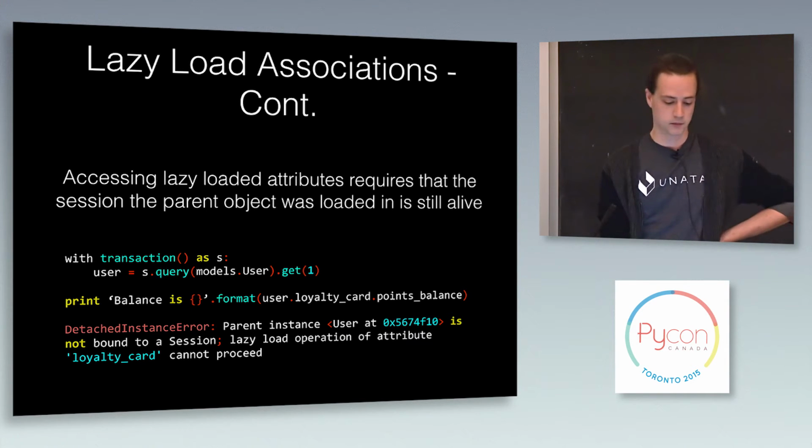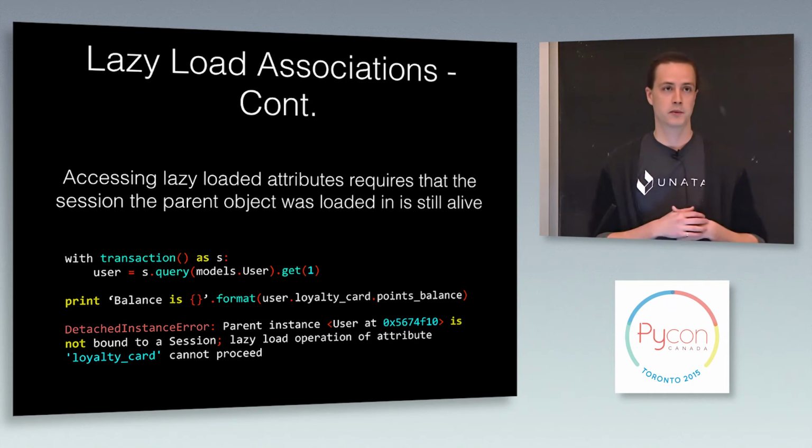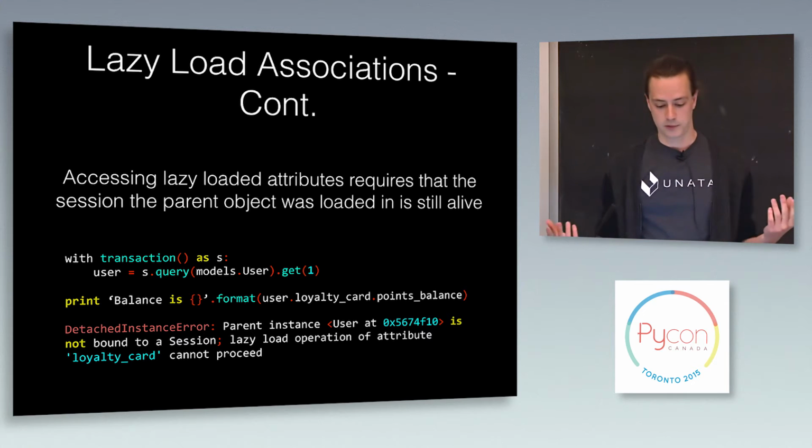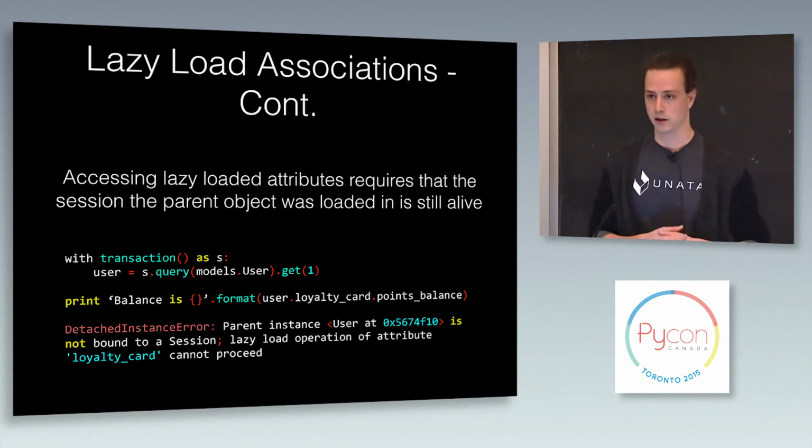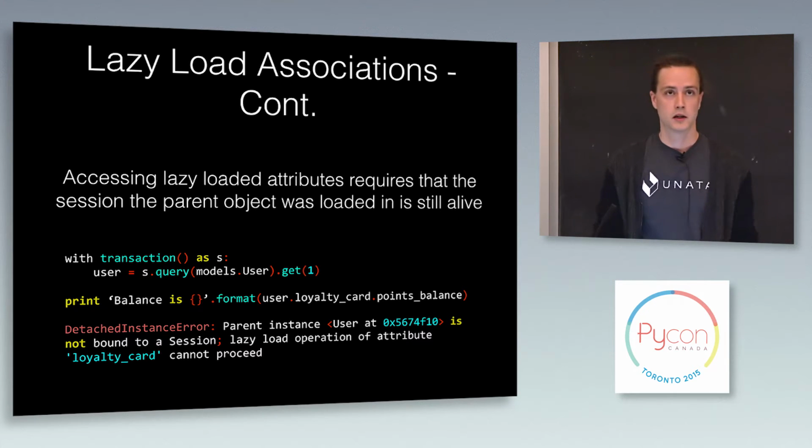And then in your code later, you end up wanting to access this lazy loaded attribute, but because you're outside of that transaction scope, you get an exception. You basically don't have any context with which to communicate to the database. And I think this can be confusing to people, especially in larger code bases.